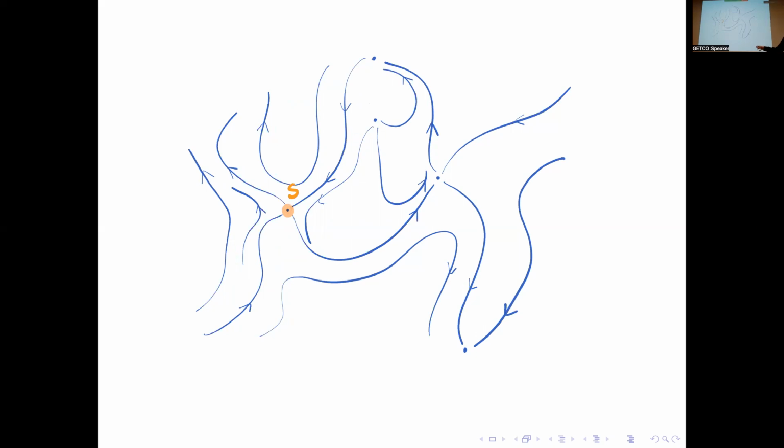Right now our question is slightly different. Now we are interested in a very particular isolated invariant set. Let's again say we are interested in this saddle, and our goal is to study what will happen with this set S when the dynamical system is evolving.